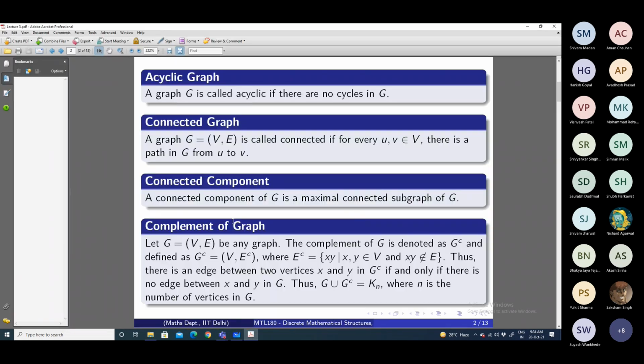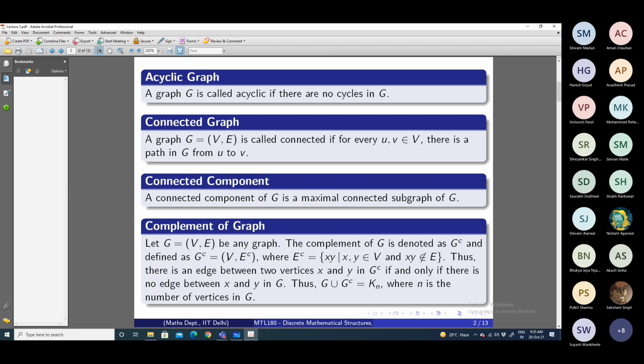Now what is the complement of a graph? That is a very important concept. What will we do to find the complement of a graph? Let G be a graph with vertex set V and edge set E. The complement of G is denoted by G^C.